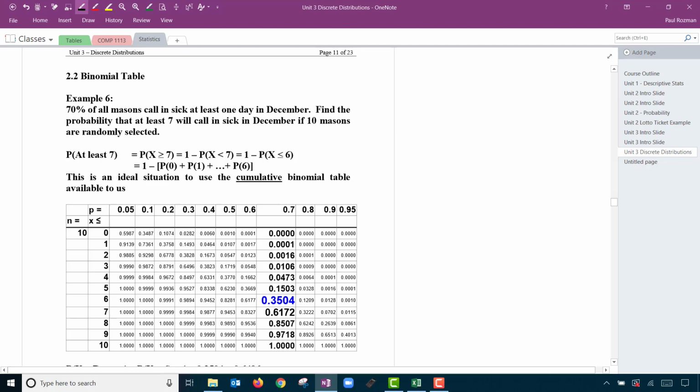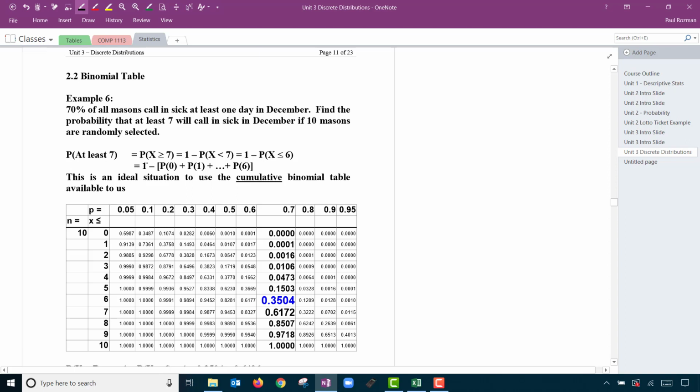Then we would violate the condition that each element in there is independent of every other one. But assuming that these were just randomly picked and they don't know each other, then I think it's safe to say there's no relationship. We want the probability then that at least 7 out of 10 call in sick.